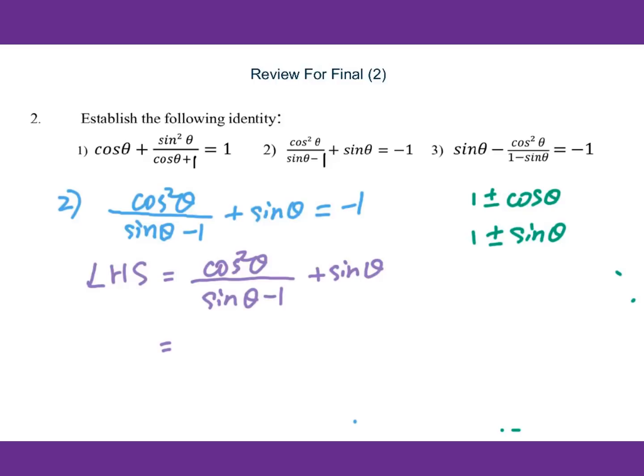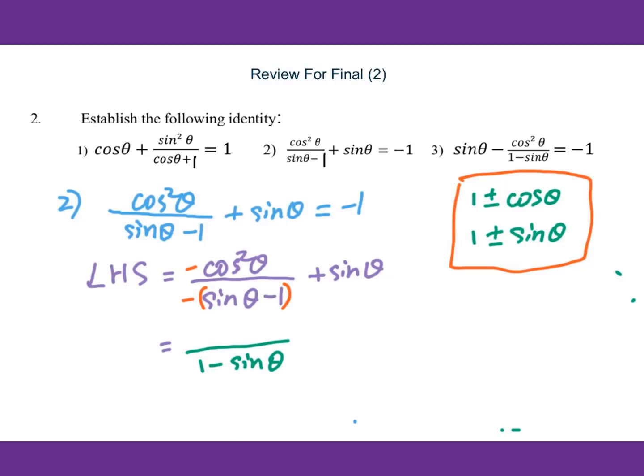Remember, we need to get 1 plus or minus cosine theta or sine theta to do the conjugate multiply. When you get the sine theta minus 1, we do the negative on top and the bottom. Therefore, we got 1 minus sine theta, and the top is negative cosine square theta. Then we can do conjugate multiply.